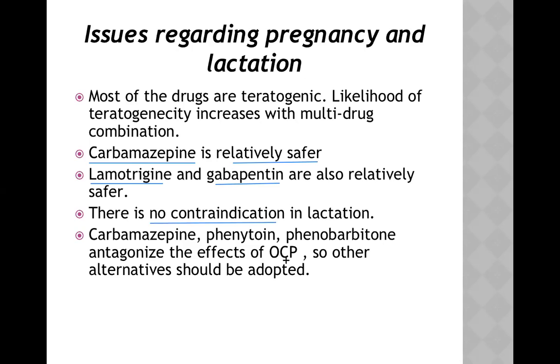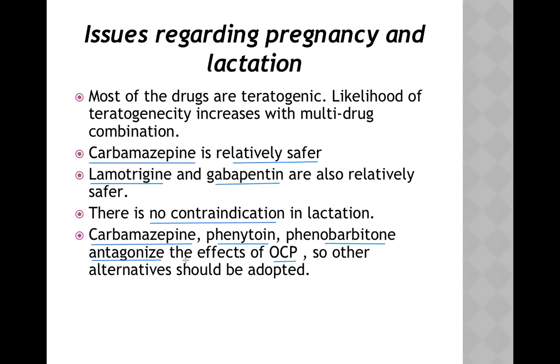And after the birth of the baby, if she is using the oral contraceptive pill as the method of family planning, and carbamazepine, phenytoin, or phenobarbital, any one of them, is used as the anti-epileptic drug, then we all know what they are doing inside the liver.